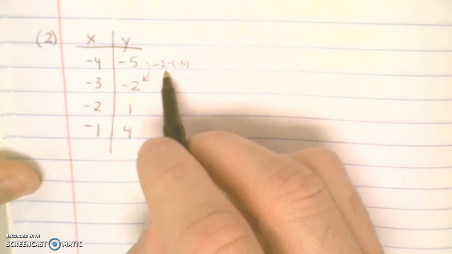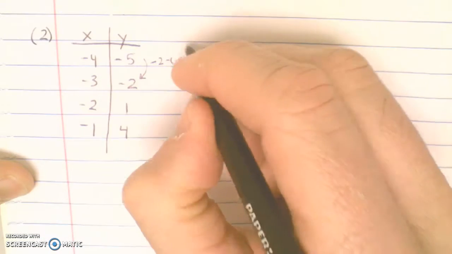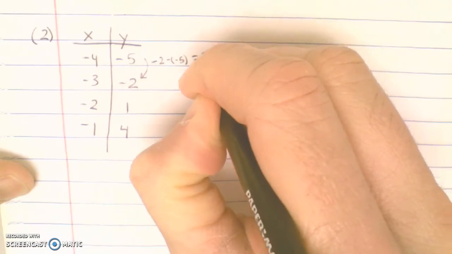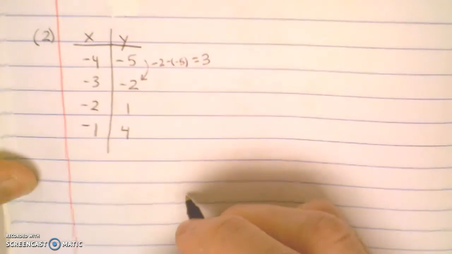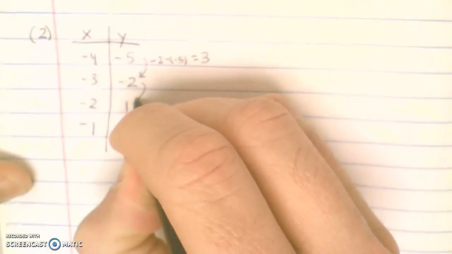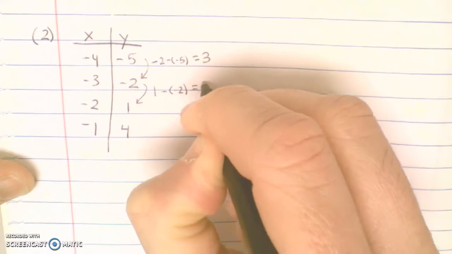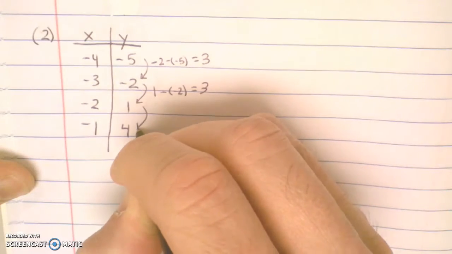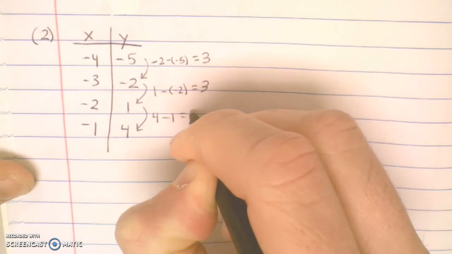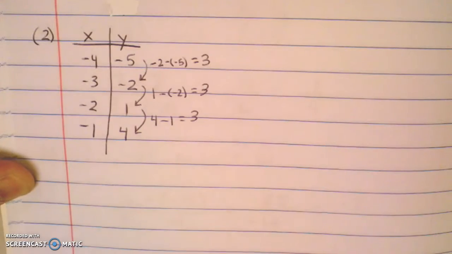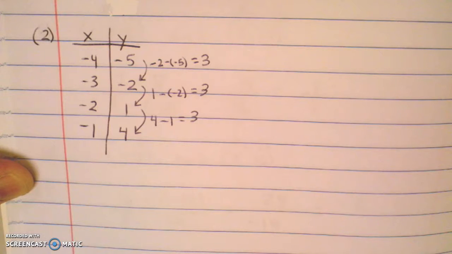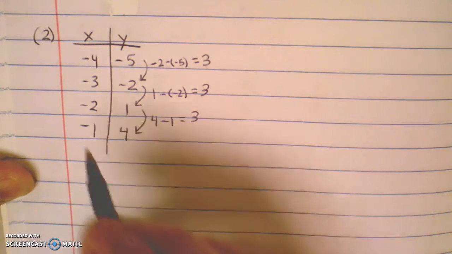So -2 minus -5 is actually +3. Do it again. 1 minus -2 turns into +3. And 4 minus 1 turns into +3. So my change in my y values is going up by 3 each time.